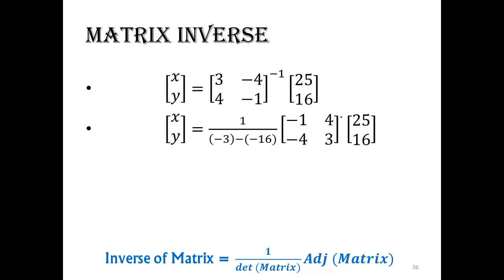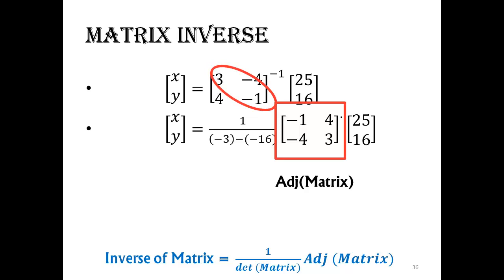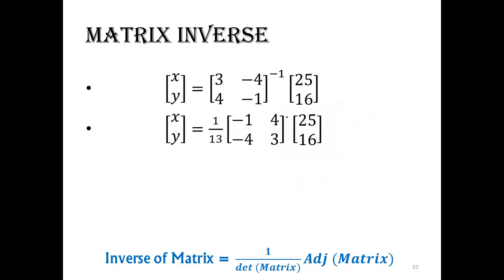And this matrix in the red square is the adjoint of the matrix. This is calculated by switching the places of these entries and then changing the sign of these entries. So we have calculated the inverse of the matrix, just simplification.